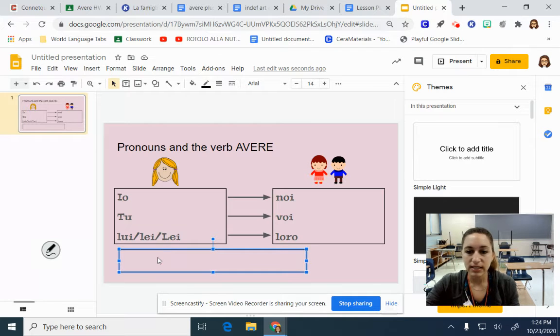So if I have a sentence like Marco ed io, first of all, Marco ed io is more than one person, so it's got to be one of these. Is there io plus somebody else? Oh yeah, look, here's io. So io plus somebody else, you move it over, it's the noi form of the verb. So that's what you would use.